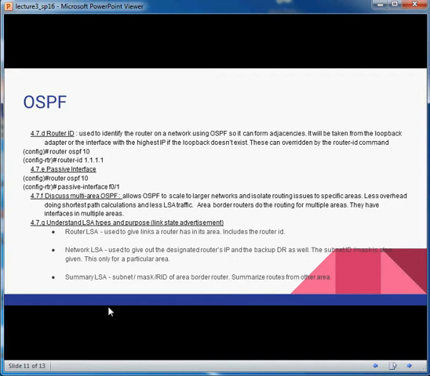So you might not want to use a particular router ID. As opposed to using the IP address of a particular network interface, you can use a loopback adapter IP address. If we want to override the router ID, we can use the loopback address to do that, or we could just specify the router ID manually.